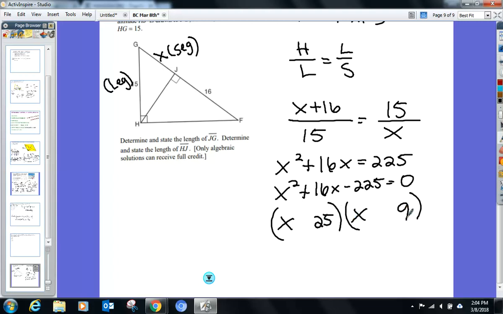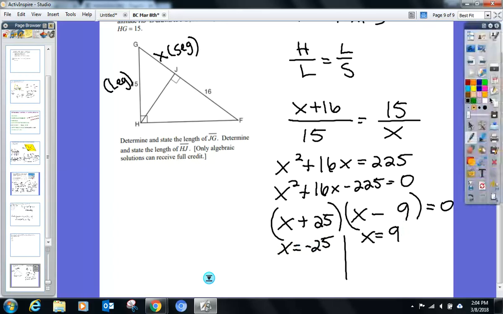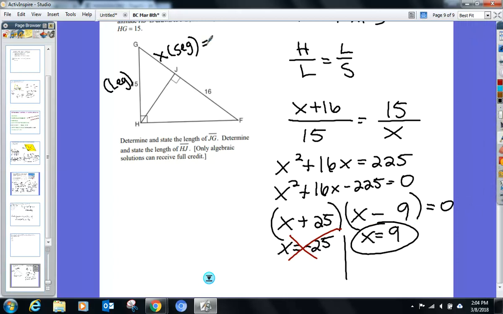What about the signs, though, to make it add to 16? So x equals 9 and x equals negative 25. Anybody want to talk to me here? It is a side length, so it can't be negative 25, only 9. So that's what the segment is up here, 9.